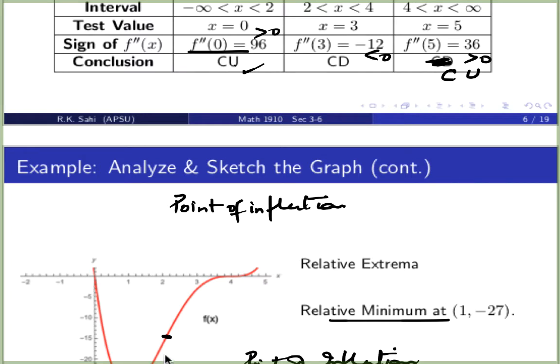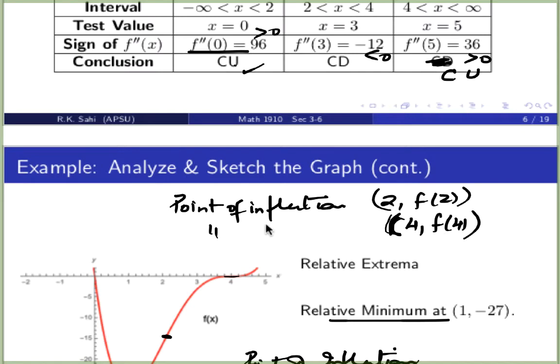So this is concave up. So the point of inflection is at 2 and f of 2. And again, the point of inflection is where there's a change. Remember, concave down goes concave up at 4 and f of 4.